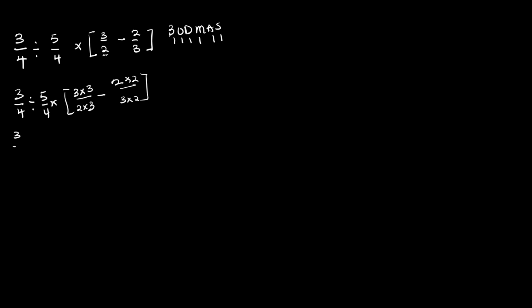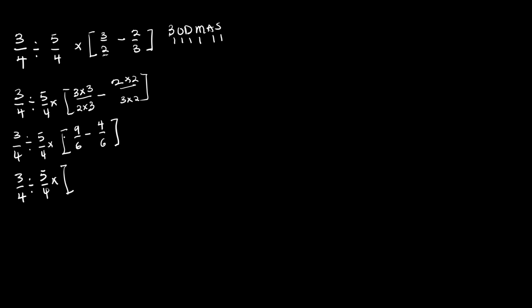So we are going to get 3 over 4 divided by 5 all over 4 times the bracket. This is going to give me 9 over 6 minus this is going to give me 4 over 6. So from here we can say 6, and within this here and here, we are going to say 3 over 4 divided by 5 all over 4 times.